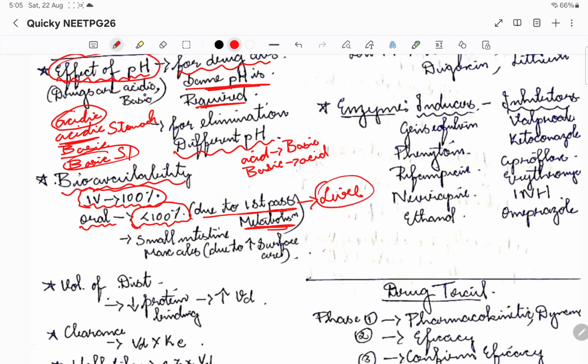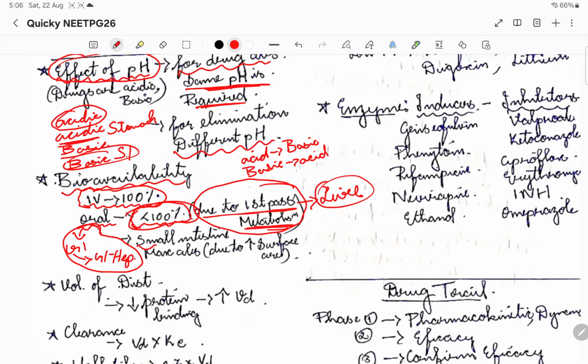Oral consumption goes through the GIT, then enterohepatic circulation, and then it goes to the particular organ or cell where it has to act, right? This pass is known as first pass metabolism. It has to be metabolized first and then carried to the part where it is required. That is why oral drugs have less than 100% bioavailability.